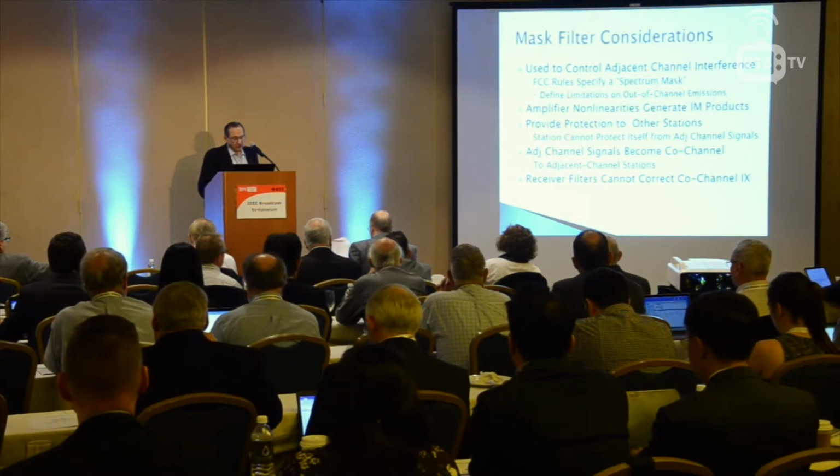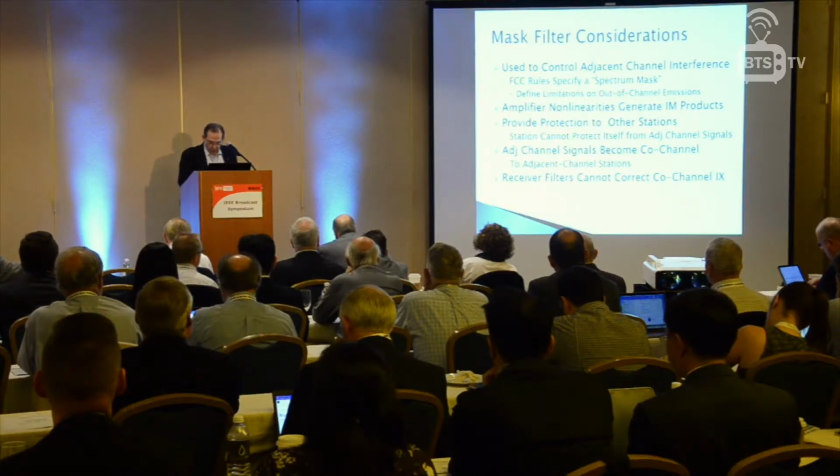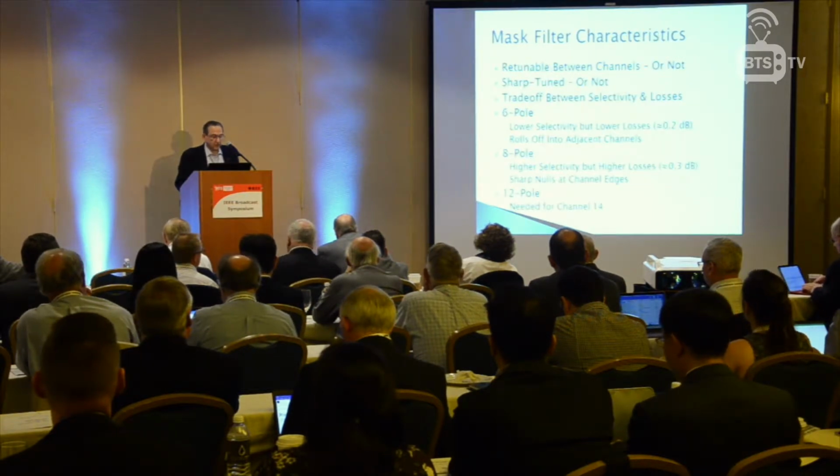So we can think of mask filters as good neighbor filters or good spectrum citizen filters. And neither a filter at the transmitter or a filter in a receiver can help overcome emissions that occur in that adjacent channel or those adjacent channels.